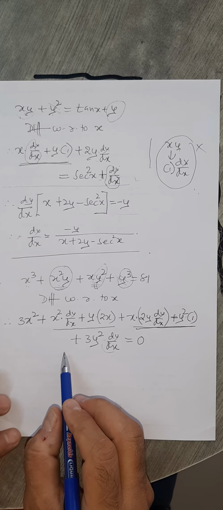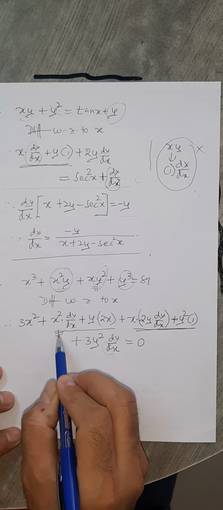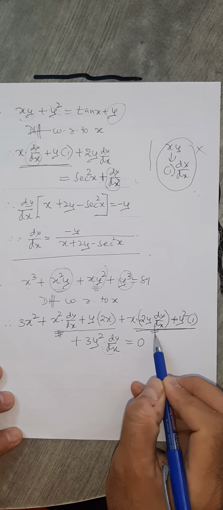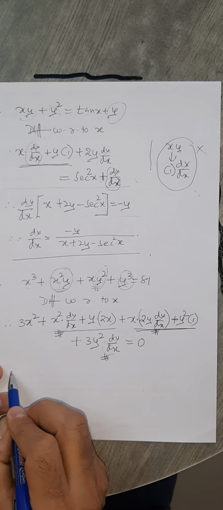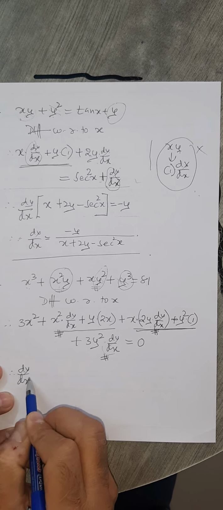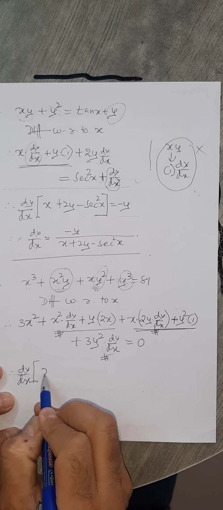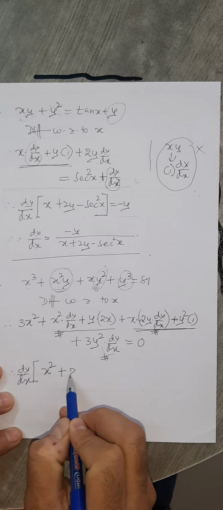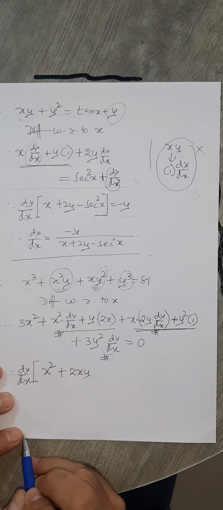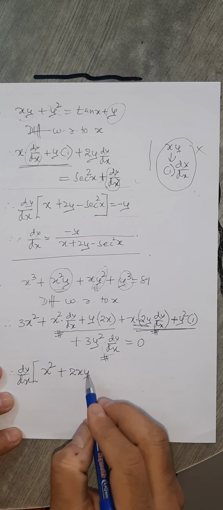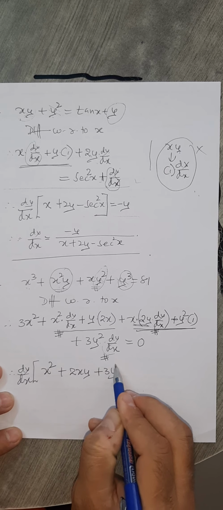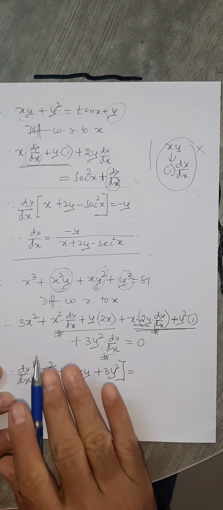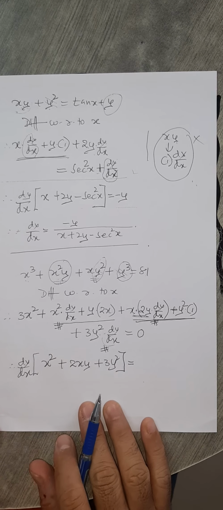Now we collect all the terms having dy by dx together, this and this. So I'm taking dy by dx common from all of this. So this is x square. What about this? 2xy, here 2xy plus 3y square, and the remaining terms I'm taking on the right hand side, remember.